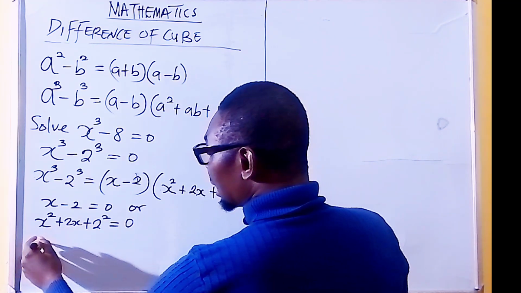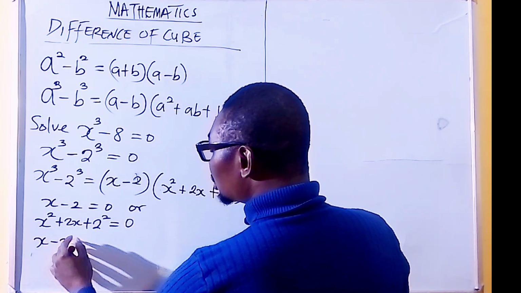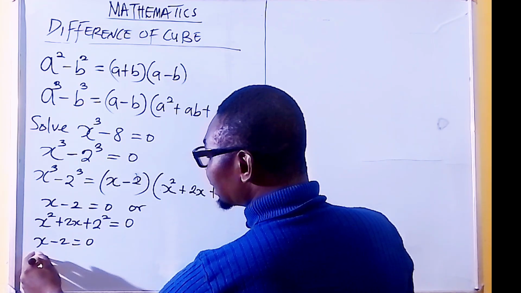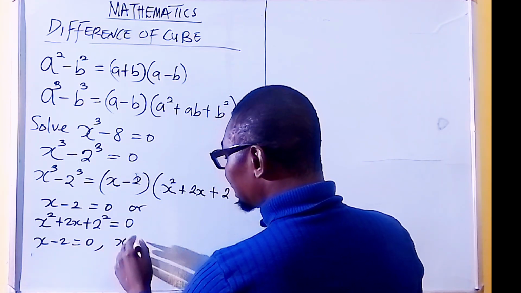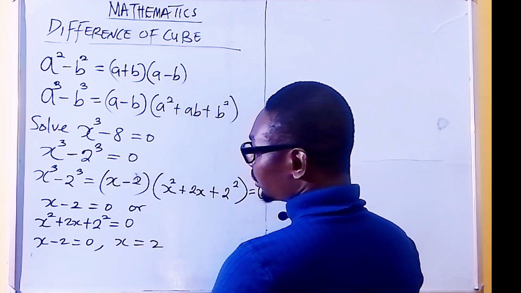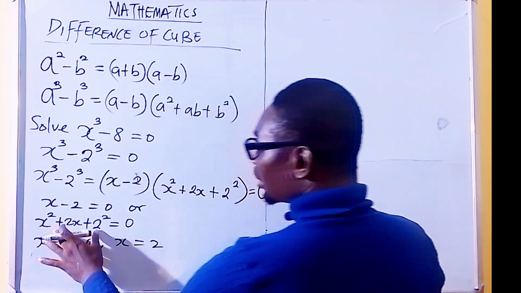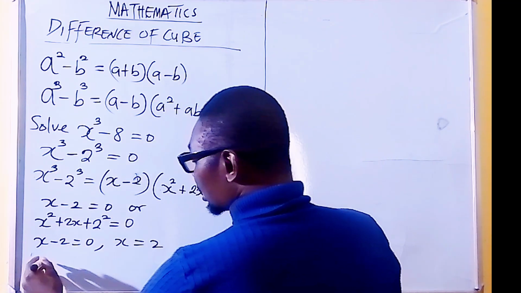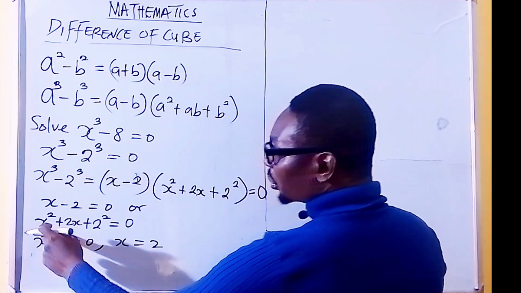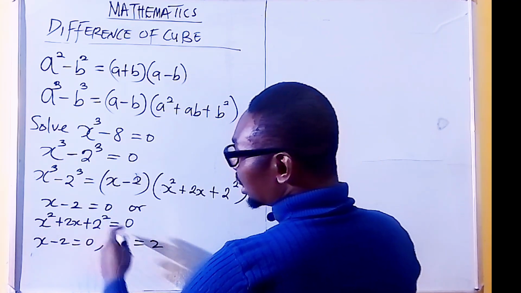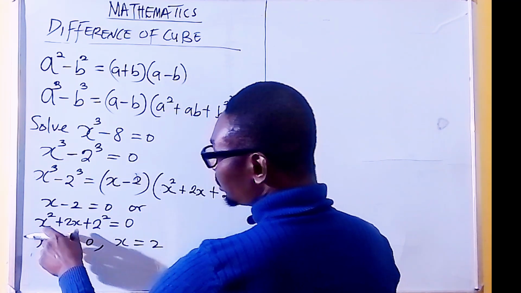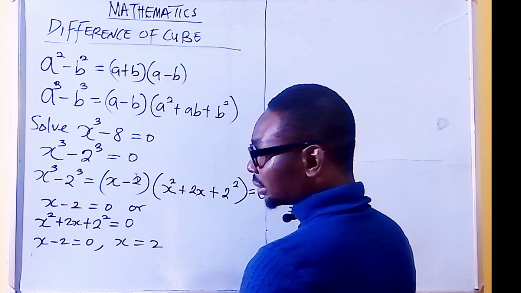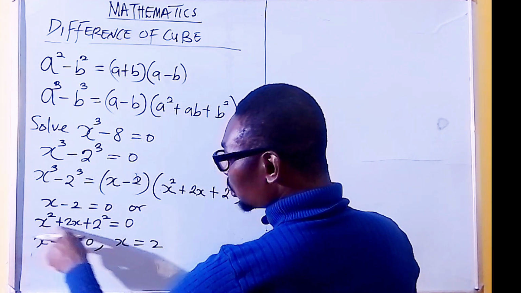Therefore, x minus 2 is equal to 0. It means that x is equal to 2. Then, for the second one now, we are going to use the formula method to find the value of x. That is, to solve this.